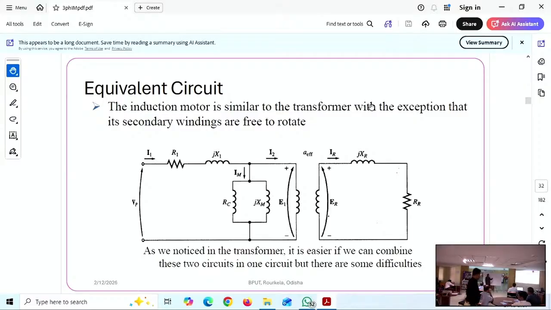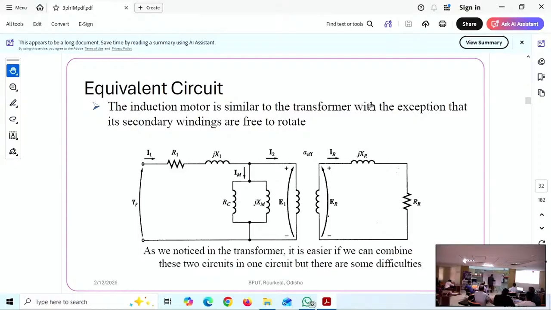Then, because the EMF ratio is this, what is the ratio of Z2 by Z1? The impedance. Z1 is the stator impedance, with resistance as one part and reactance as another. Similarly Z2. So how will Z2 come? It is V2 by I2, and Z1 is V1 by I1.